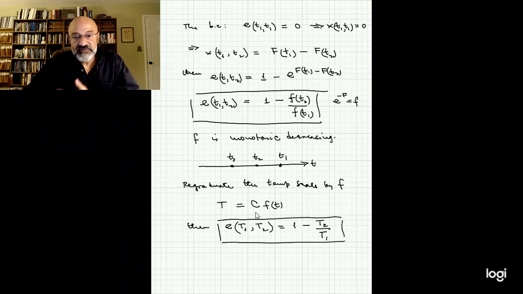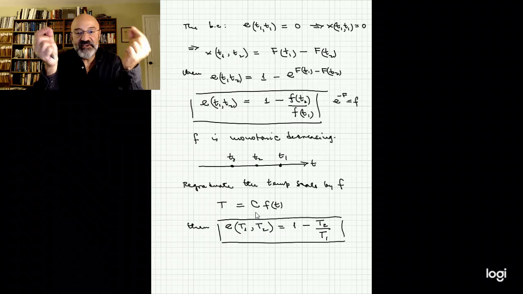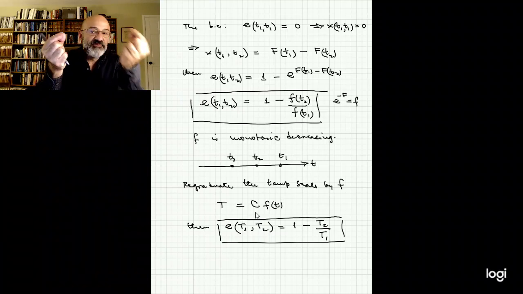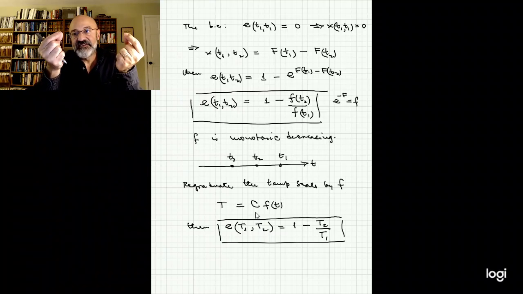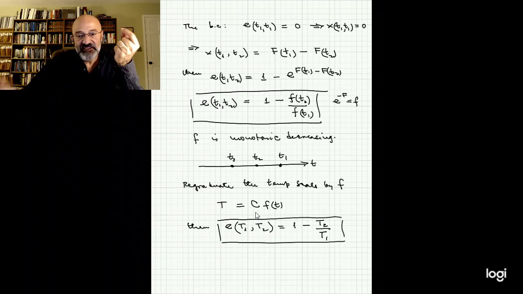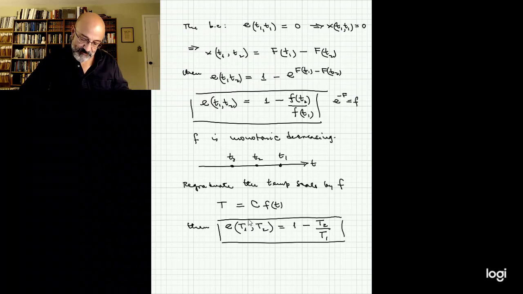You could use units that are very arbitrary, like you choose the freezing point of water as being C and the boiling point of water as being 100, and that defines your degrees, right? But you could choose anything you want. You could choose degrees that resemble Fahrenheit. That would be fine. Obviously, it cancels here, right? Any constant of proportionality cancels there.